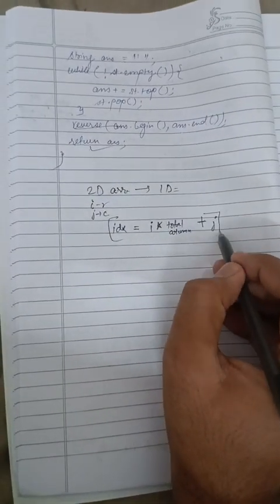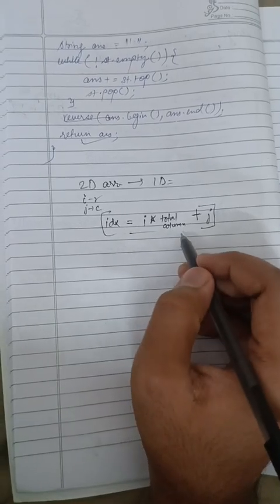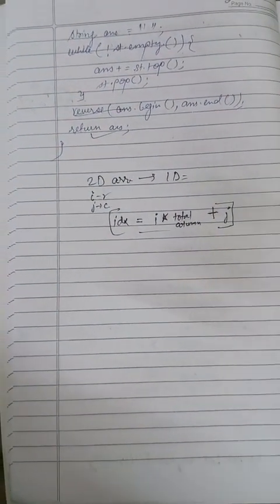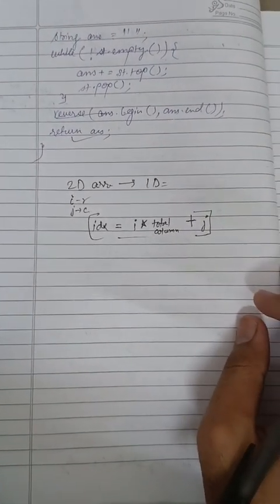This is the specific formula you will use to convert the 2D array into the 1D array.